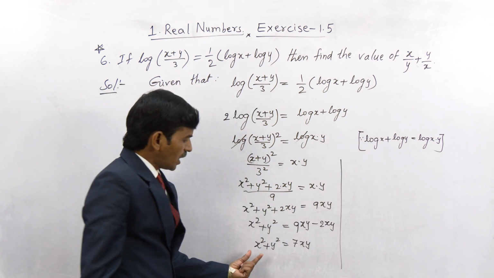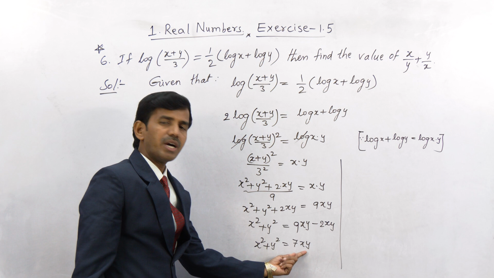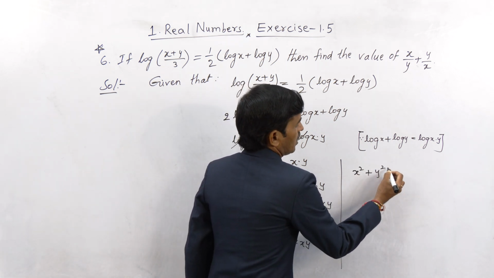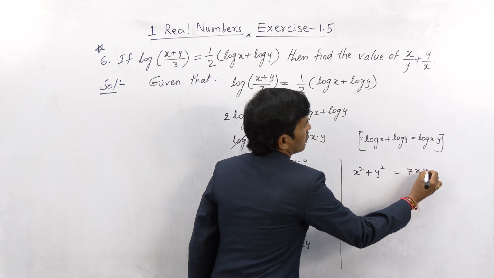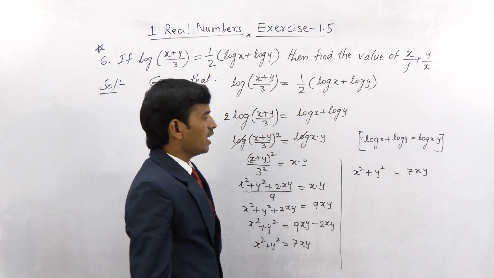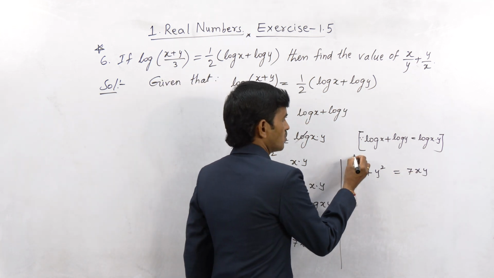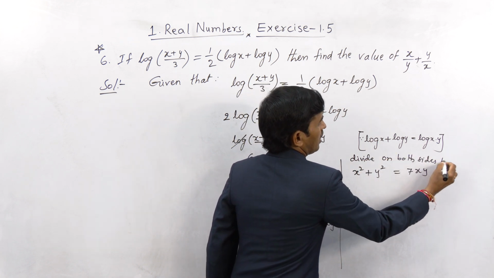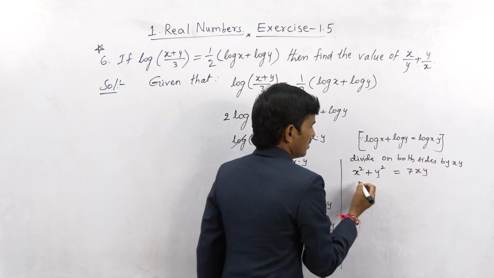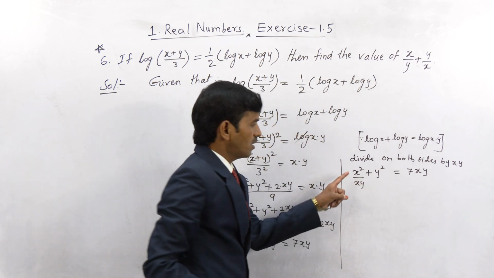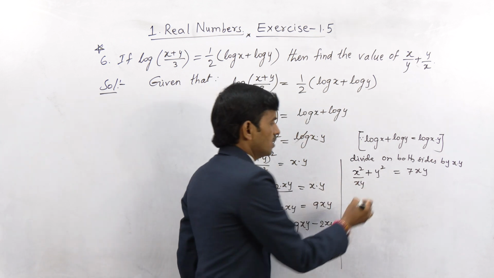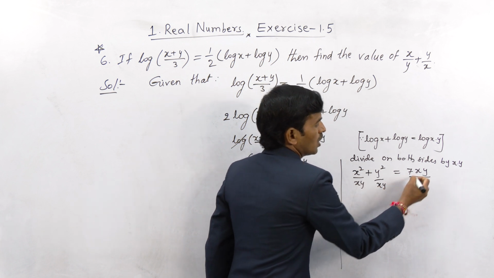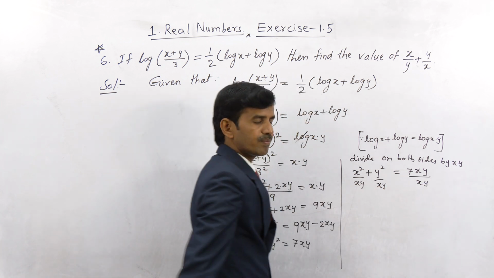Then we can divide both sides by xy. So let us divide on both sides by x into y. So what does it become then? See here, x square by xy plus y square by x into y is equal to 7xy by xy.